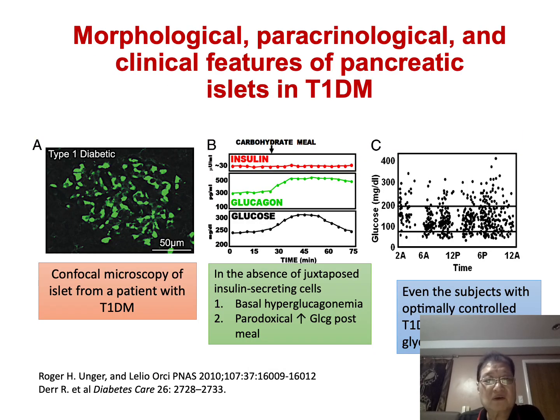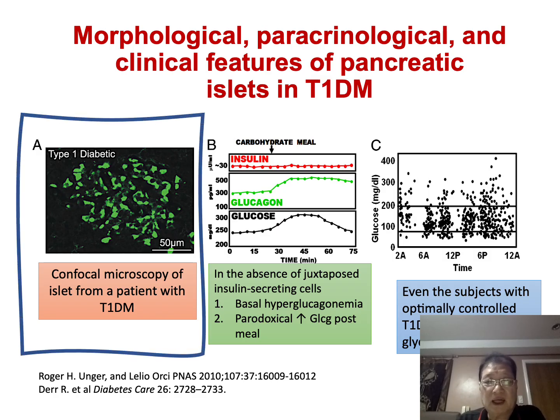Now, let's look at type 1 DM. These are the morphologic, paracrinologic, and clinical features of pancreatic islets in type 1 DM. A. The confocal microscopy of an islet from a patient with type 1 shows replacement of insulin-containing cells with glucagon-containing cells in green, devoid of contact with beta cells.